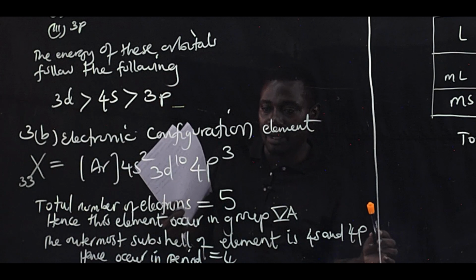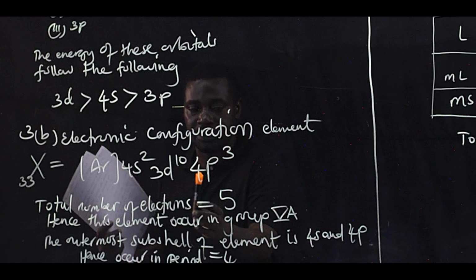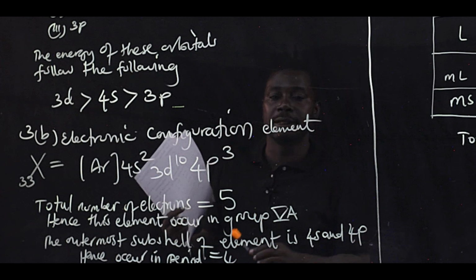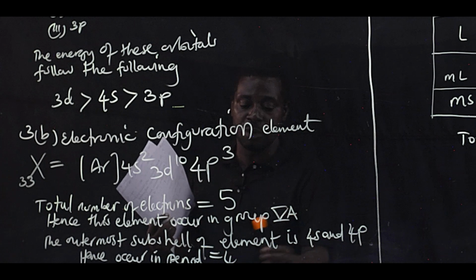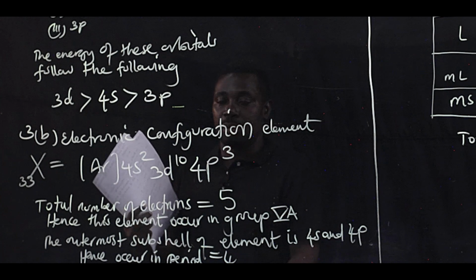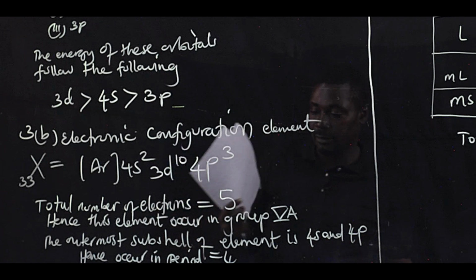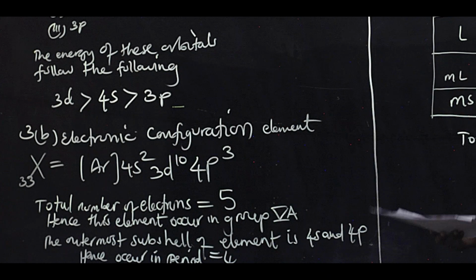The number of the period is equivalent to the number of the shell. So if you have 4 shells, this element occurs in period number 4, because here the outermost shell is number 4. So the period of this element in the periodic table is period number 4.